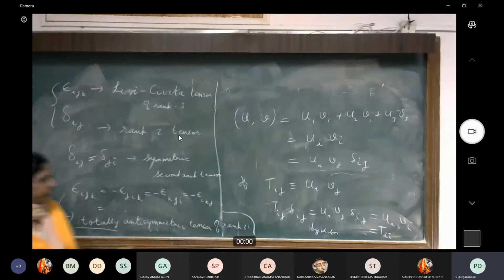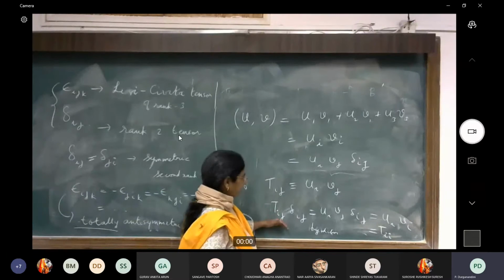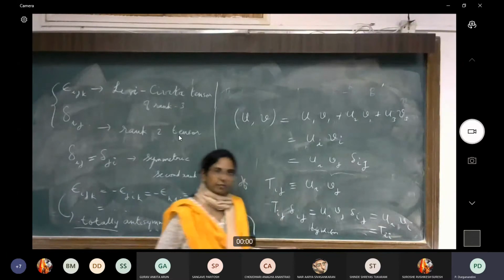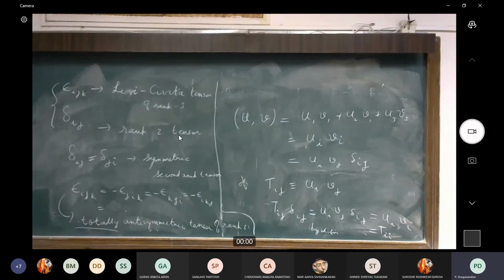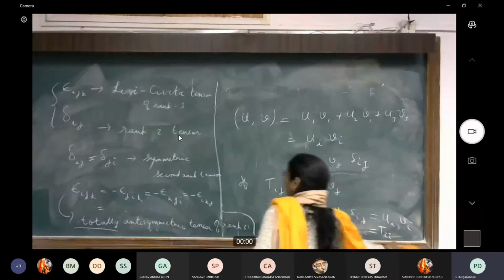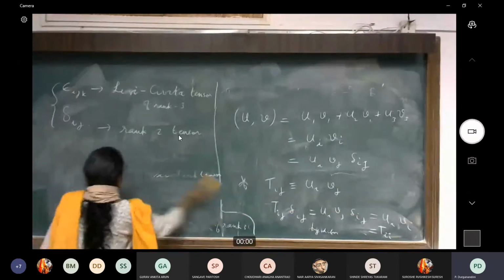And we already know that if you contract two indices of a second rank tensor, you get a scalar quantity, because it goes to an m minus 2th rank tensor. So delta ij is very useful when you want to contract indices, or when we want to contract tensors. And we'll see more uses of this in just a little while.